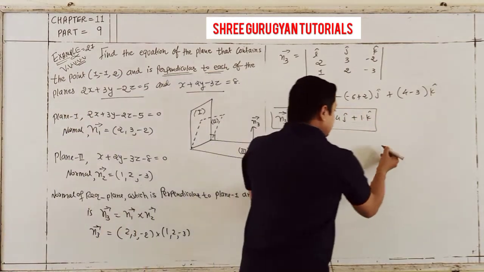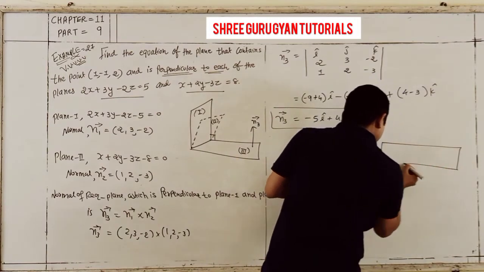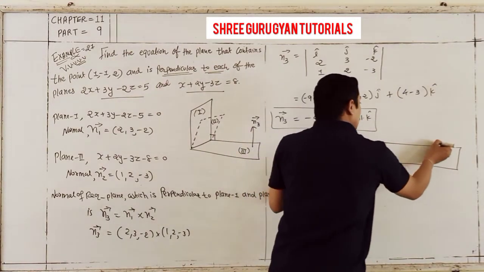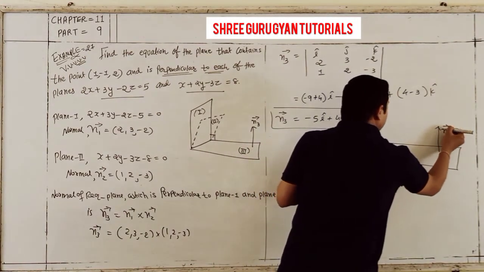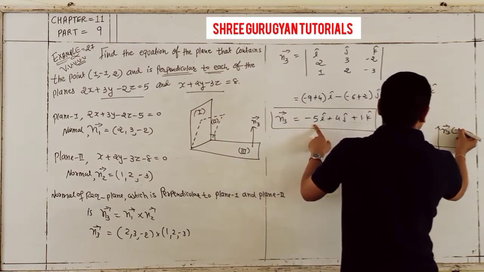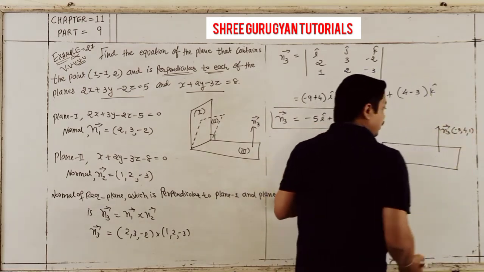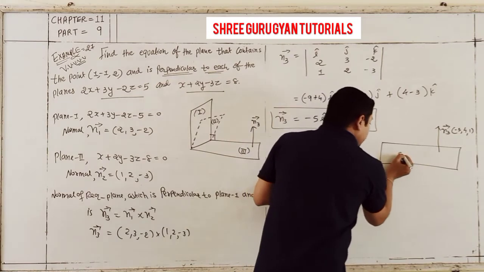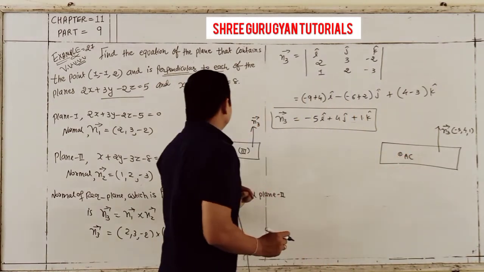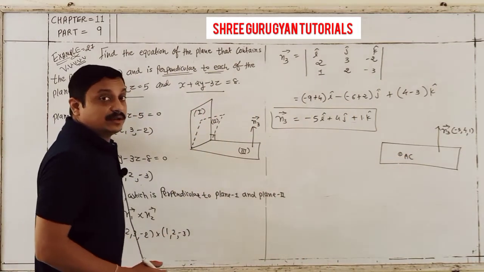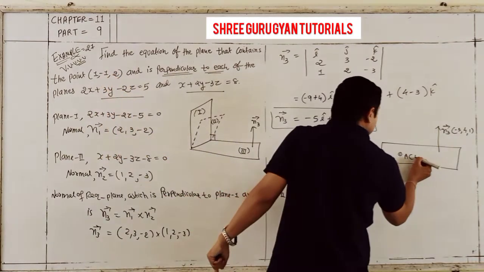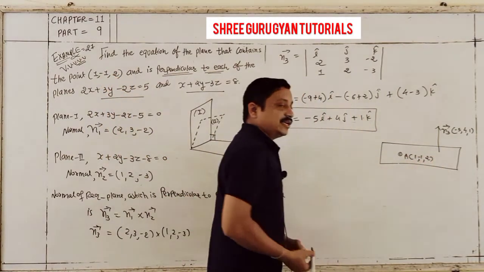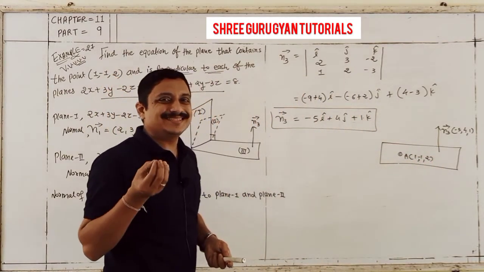Now draw the drawing again. That's your plane, which has the known normal n3, minus 5, 4, 1, and passing through, according to the data, 1, minus 1, 2, and you get a very simple and easy answer.